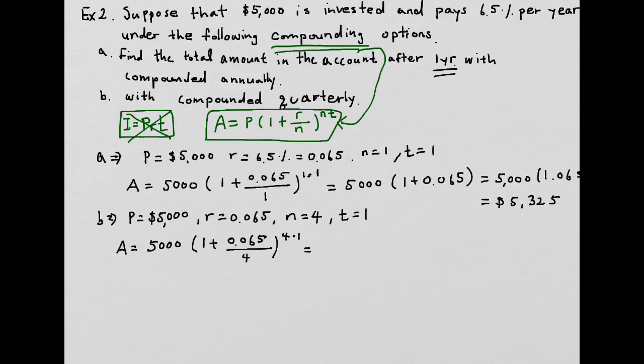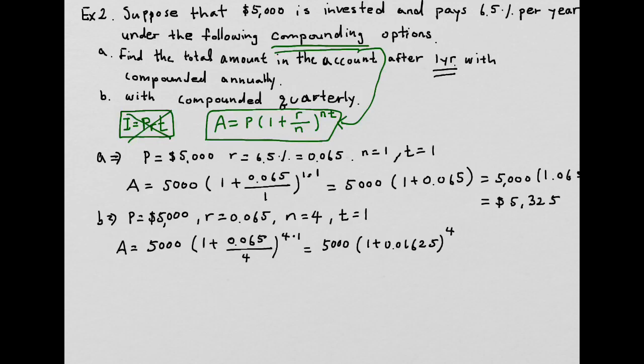So when you replace that, you get 5,000 times 1 plus 0.065 divided by 4, which is 0.01625, and 4 times 1 is 4.